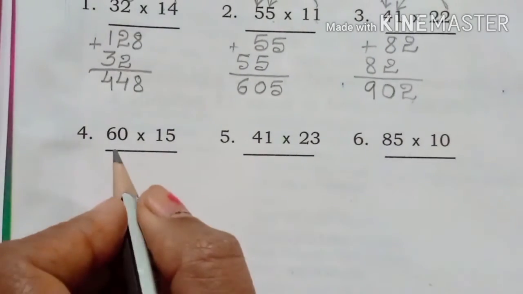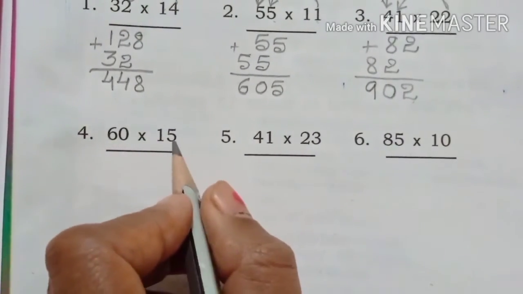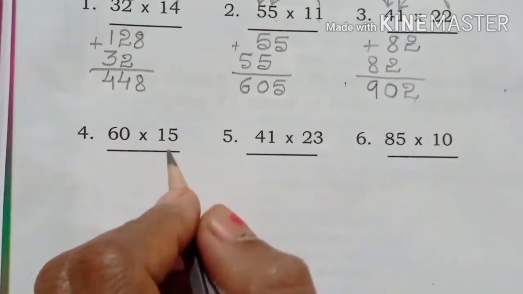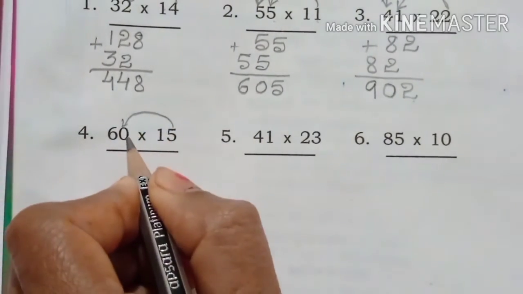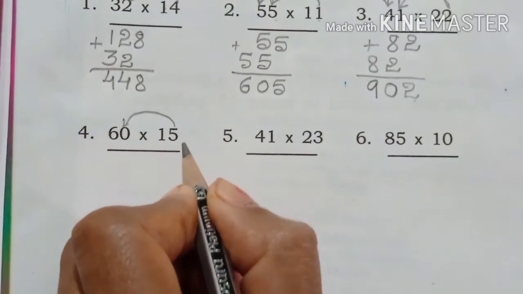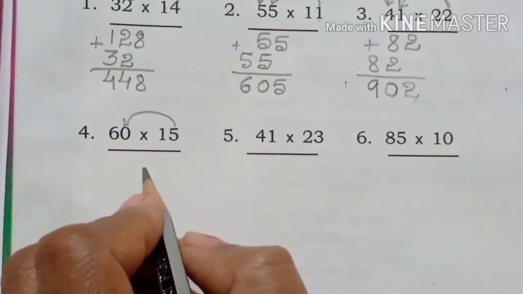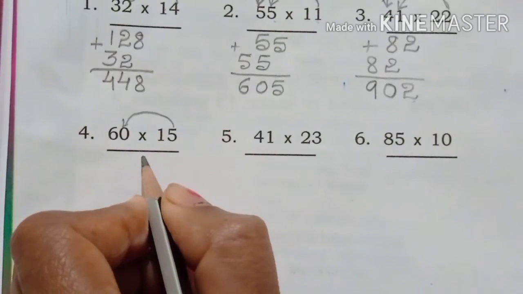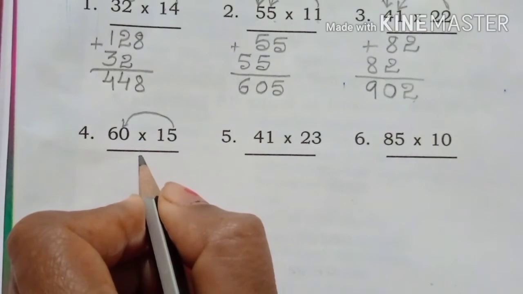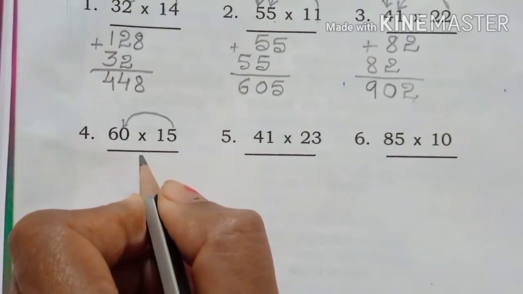Now fourth question, 60 multiplied by 15. So first of all we multiply units. 0 multiplied by 5. When we multiply 0 to a number, the answer is 0.